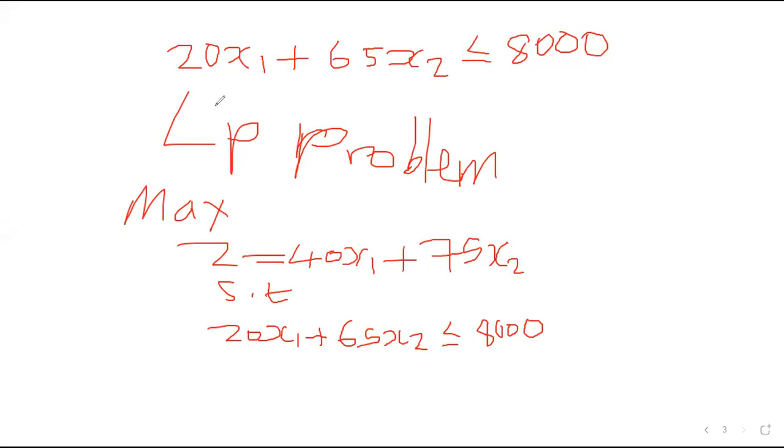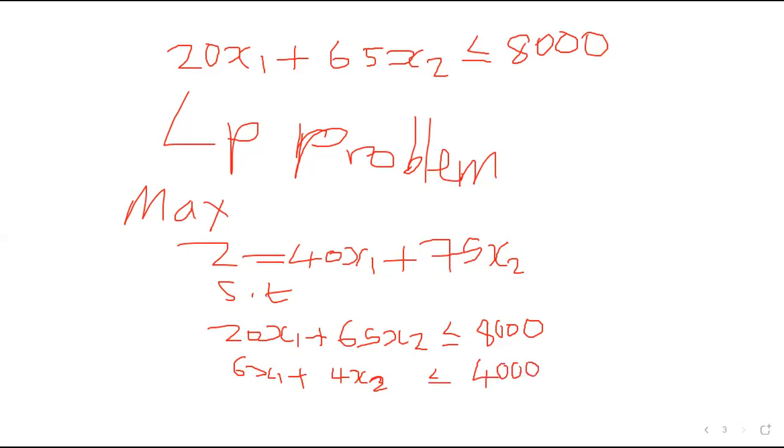Then the other one is coming from the machines, where we simply say 6x1 plus 4x2 should be less or equal to 4,000. All right.